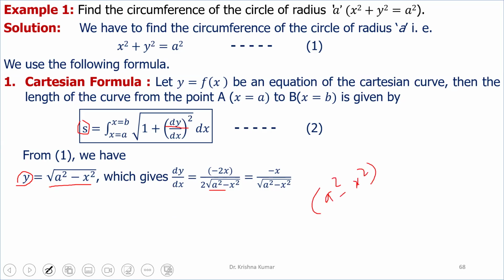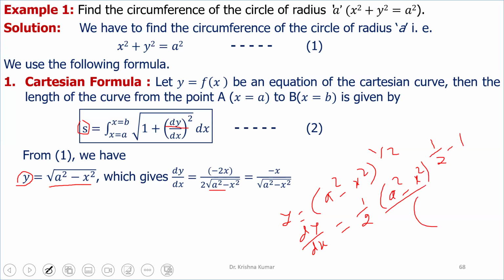This is y, so dy/dx is equal to 1 upon 2 into (a square minus x square) to the power 1 upon 2 minus 1, and again the derivative of this part is 0 minus 2x. 1 upon 2 minus 1 is minus 1 by 2, so this goes to the denominator.